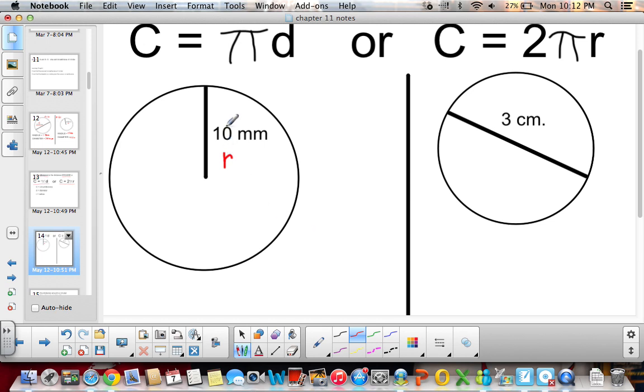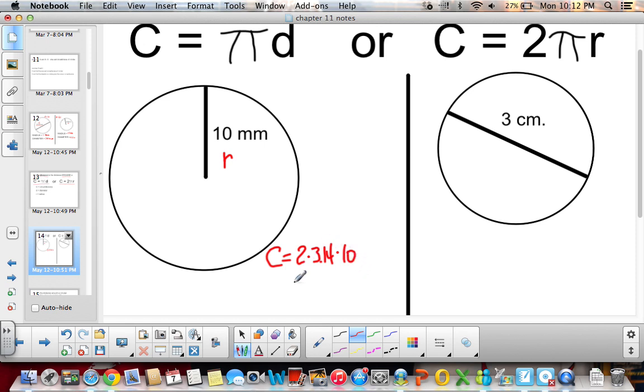So I am going to plug in my 10 into this formula because this is the variable for radius. So I know that C equals 2 times 3.14 times 10.